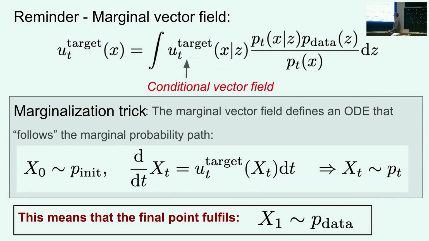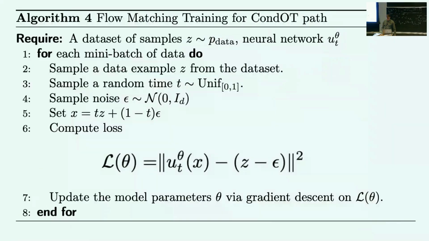This object never appears anywhere. This is a formula. We never have access to it. But by implicitly regressing against this object, we learn this marginal object. I think it's very magical that you learn something you've never seen. But over the course of training for a long time, you will have approximated it.